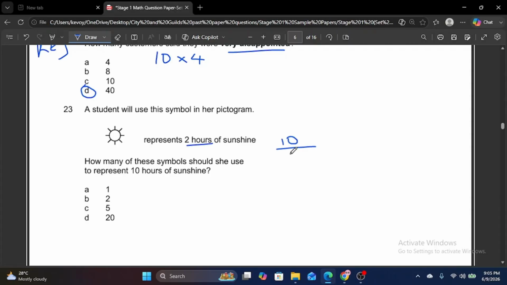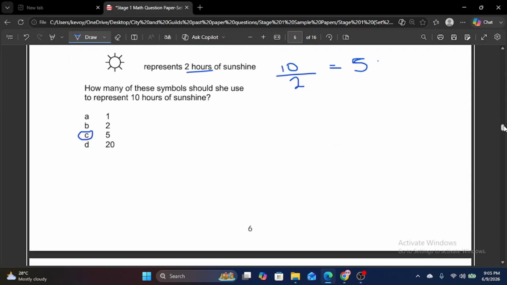So she's going to divide 10 by 2, and 10 divided by 2 is equal to 5. So there are going to be 5 suns. So 23 is 5. Alright, moving right along.